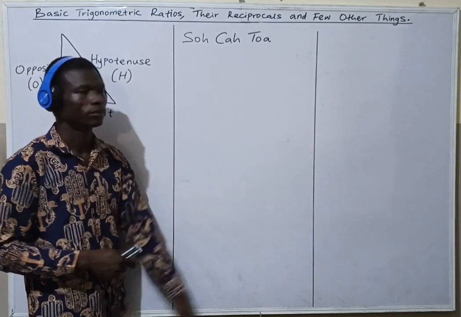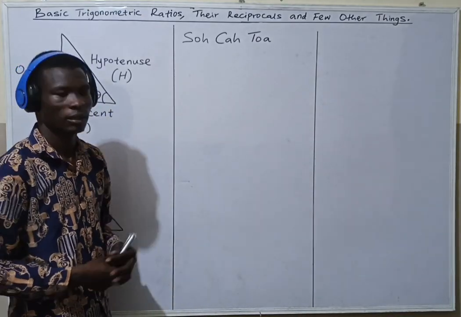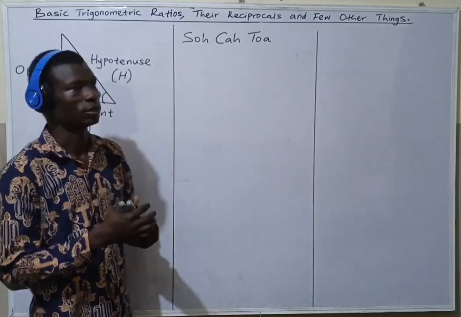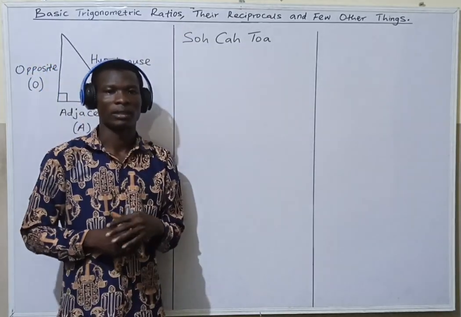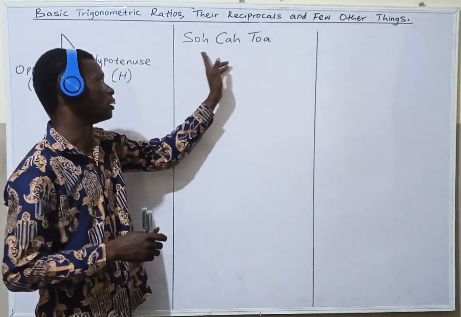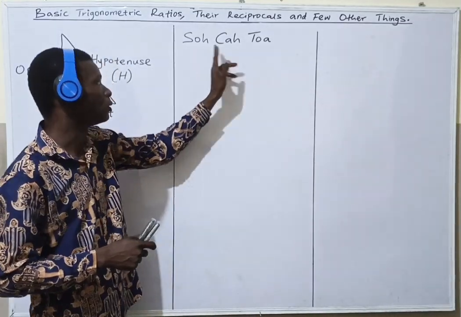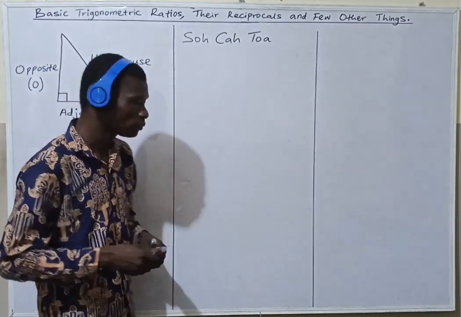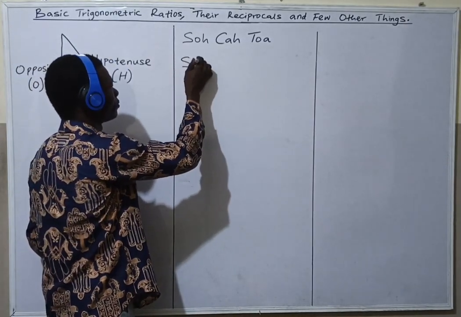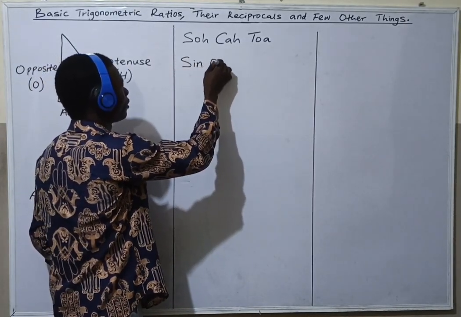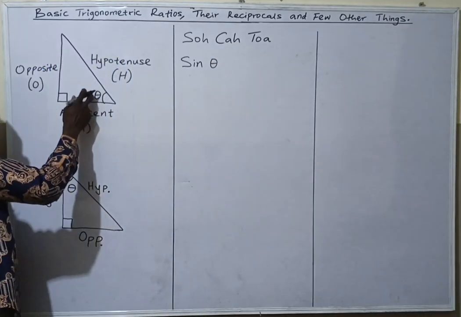Moving on to the basic trigonometric ratios themselves. They are shortened with these three words: SOH, CAH, TOA. S is sine, the sine of the angle theta that we have here.